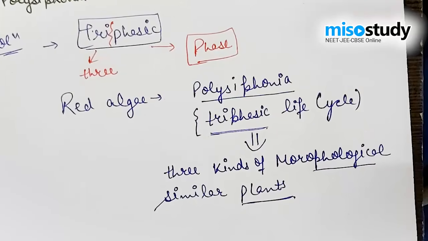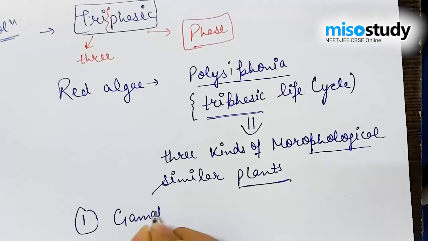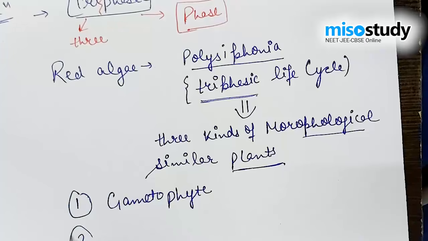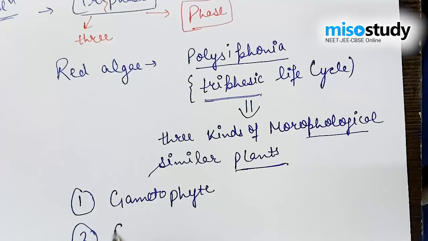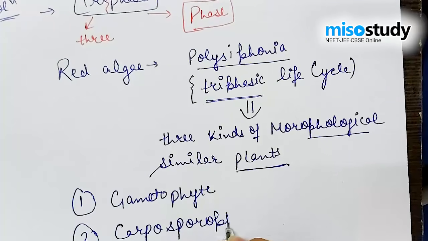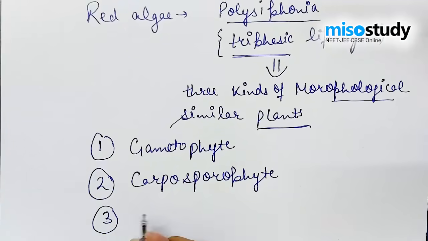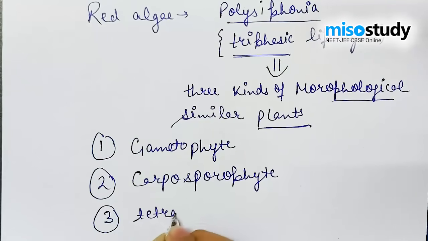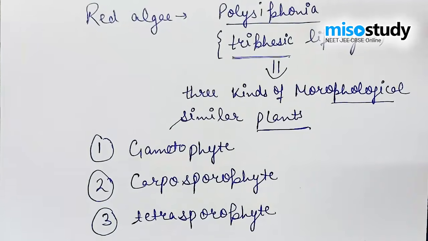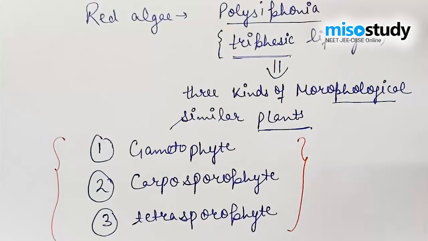Name the 3 categories and 3 plants. First is a gametophyte. Next is carposporophyte. And next is tetrasporophyte. That generally in triphasic, these 3 phases occur.